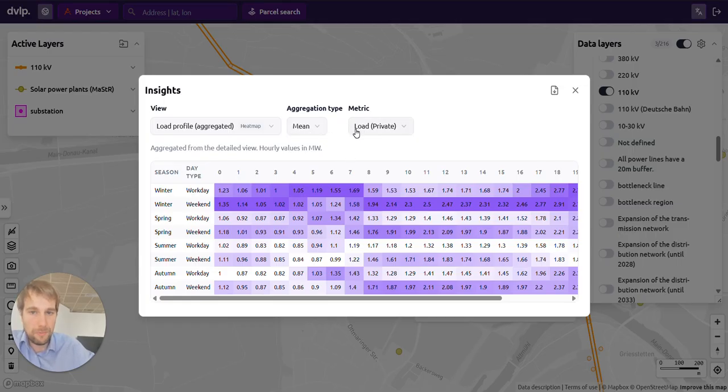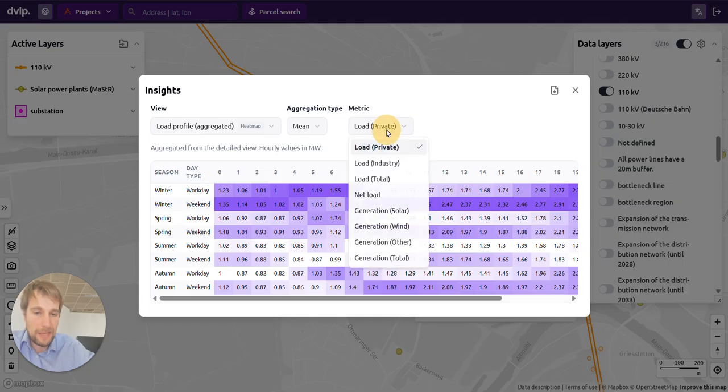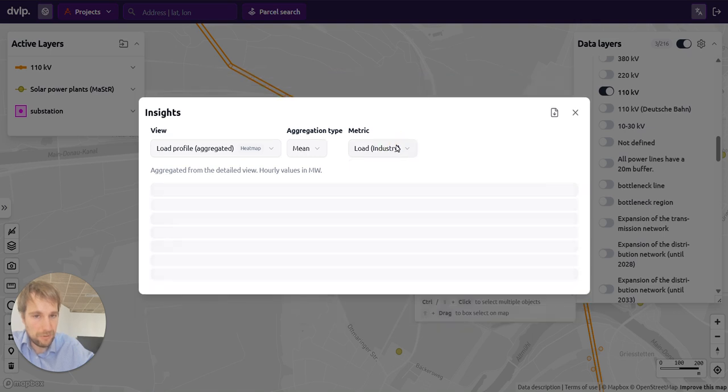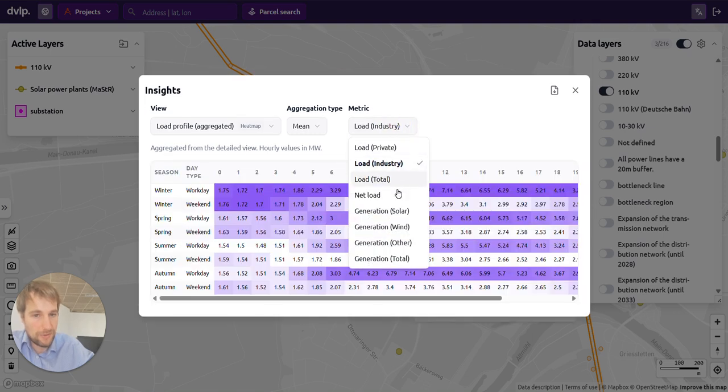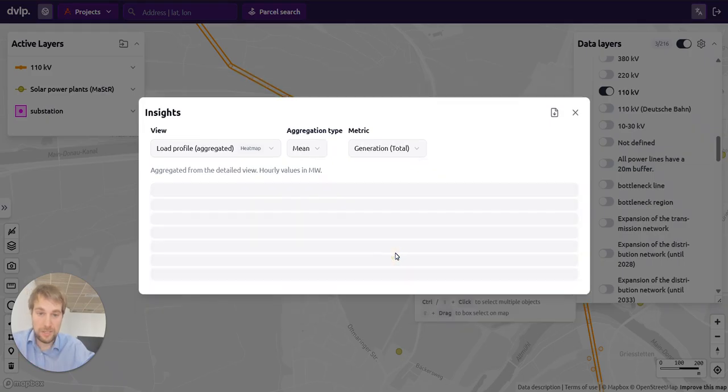I will go now with a mean aggregation type, and now you look at the mean capacity locally connected to the substation, both on the load side, split by private and industrial loads, and also on the generation side, here split by generation technology.